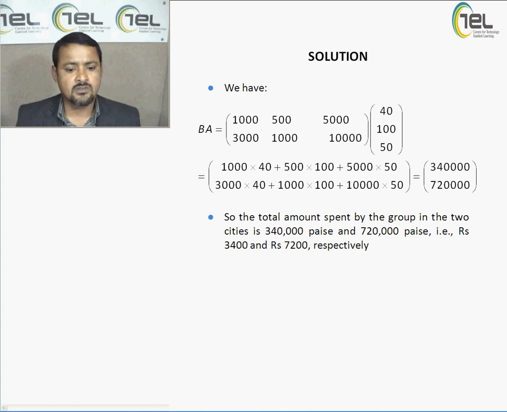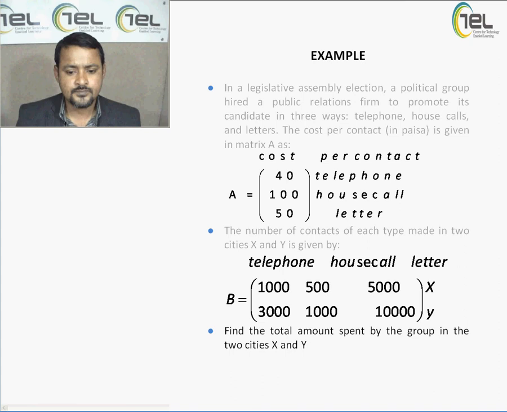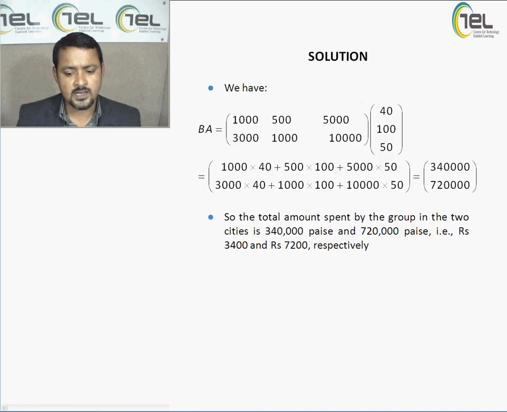So respectively we get a 2 into 1 matrix. For city X, the total amount of money spent is 3,40,000 paise, and for Y 7,20,000 paise. That amounts to 3,400 rupees and 7,200 rupees respectively. Because the cost per contact is given in paise, we have to convert that into rupees.